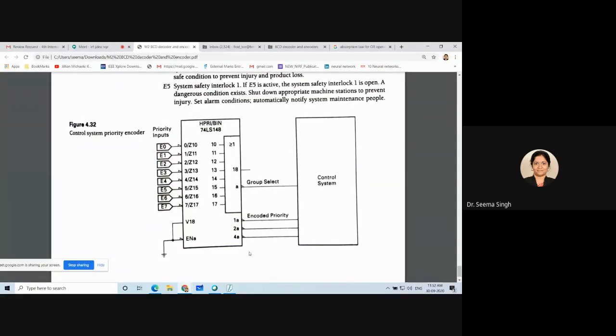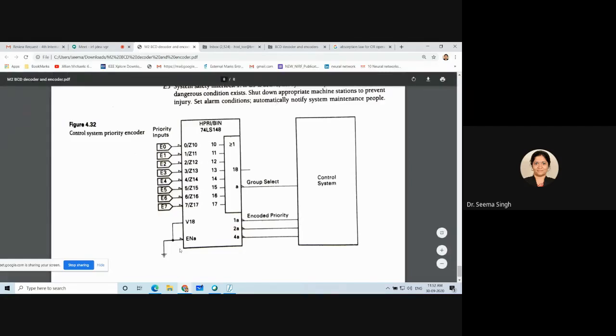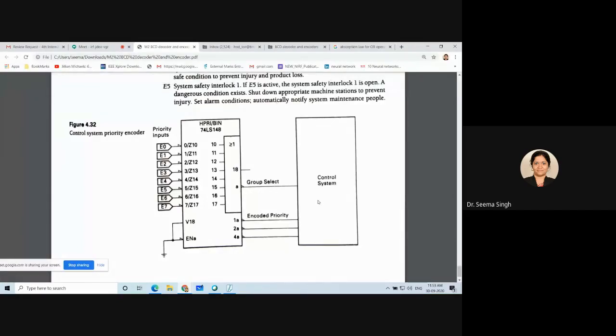When it is connected to the next one, imagine one more encoder is connected here. So this group select will go and get connected to the enable input of that encoder. Active low this one, active low that one. So it will be able to cascade both the encoders properly.